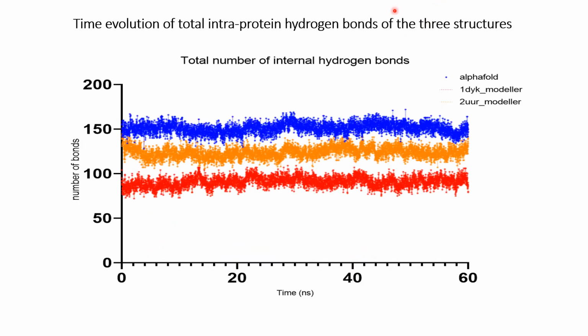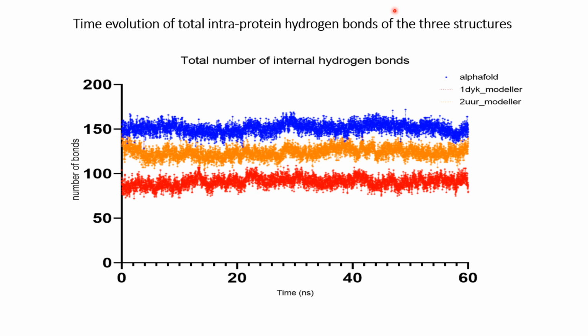Next, we wanted to evaluate the intraprotein hydrogen bonds among the three structures. The presence of polar amino acids at the surface and non-polar amino acids at the core may support a higher number of intraprotein hydrogen bonds, and that also indicates the stability of the protein.